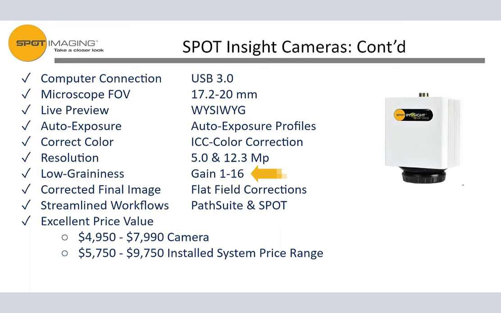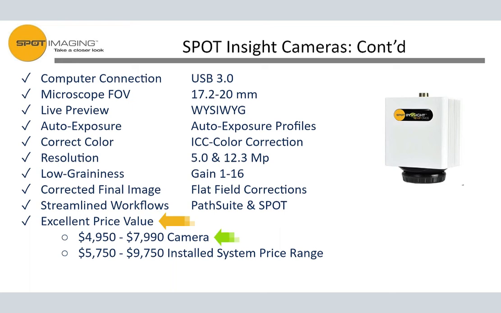So they're very, very fine quality images. They do fully corrected flat fields when you capture the images, and they again are supported by the Path Suite and Spot softwares, depending on what software package you purchase.